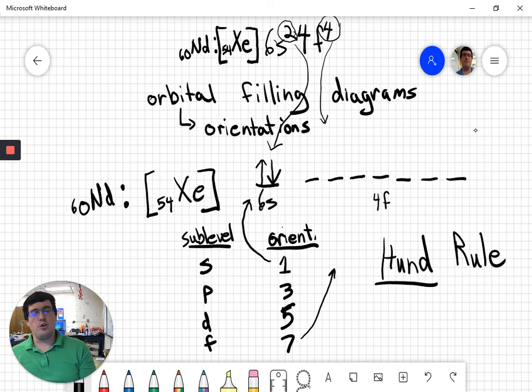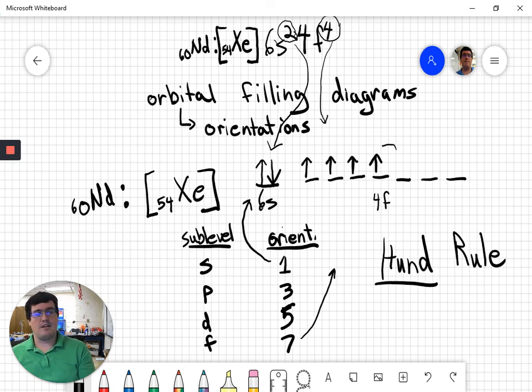According to Hund, we have to put an up arrow in each line before we put any down arrows. So there are 4 electrons here. We're going to put 1, 2, 3, and 4. We ran out of electrons. These guys stay here. They're going to stay empty. We just leave them just like this.